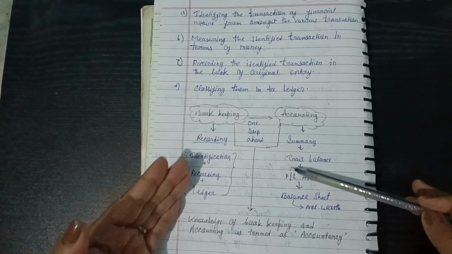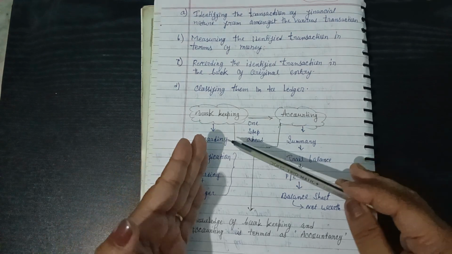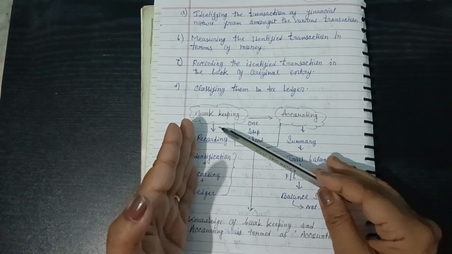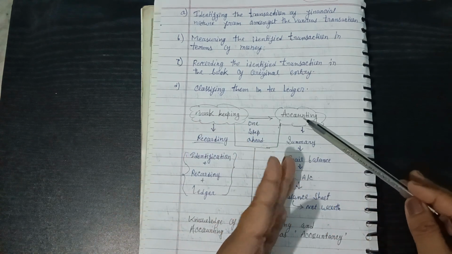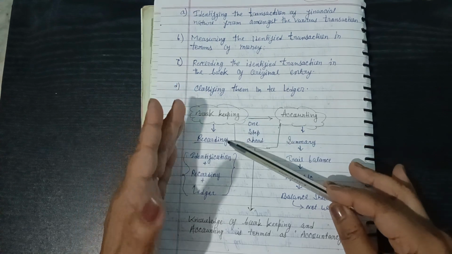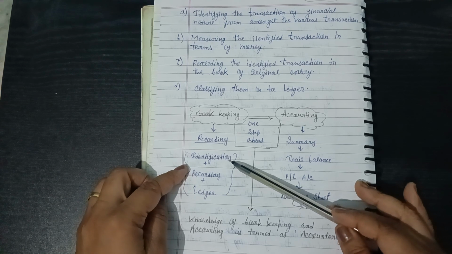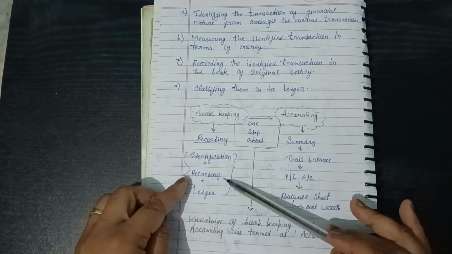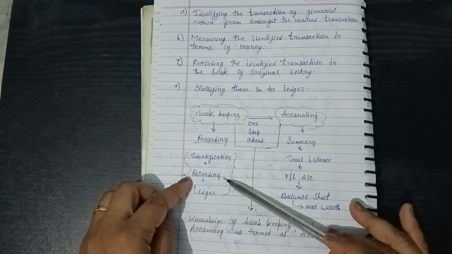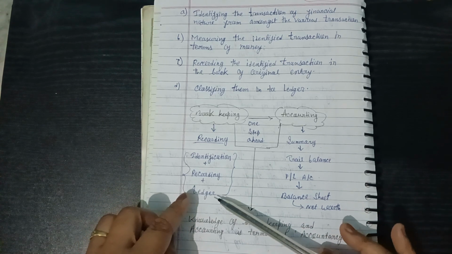Here is a flow chart and we can understand better the difference between bookkeeping and accounting. Okay, in bookkeeping we are recording all the things. First we identify the transaction, then we record the transaction, and then we make the ledger. Why are we making the ledger?